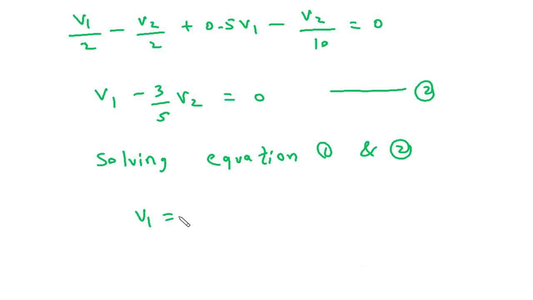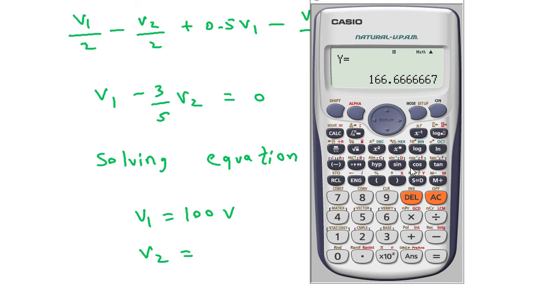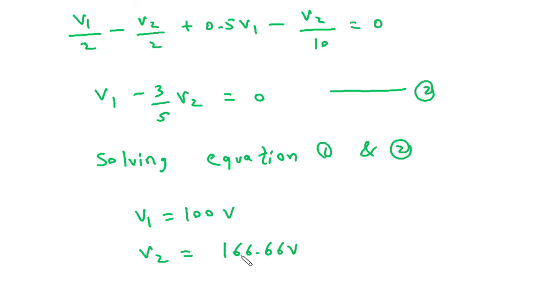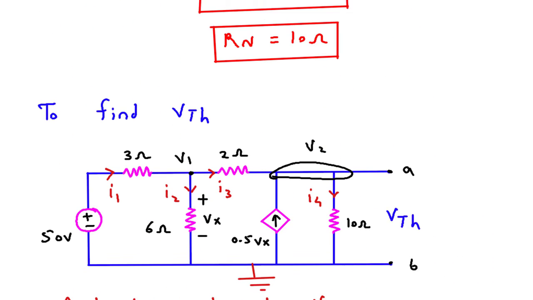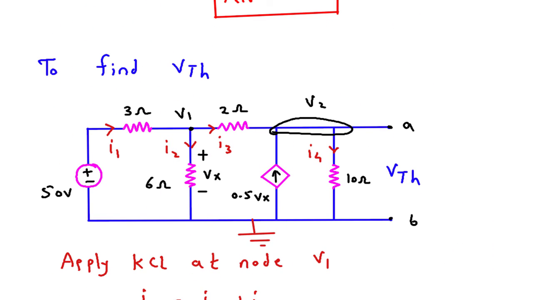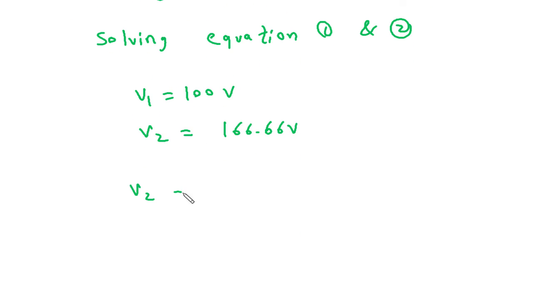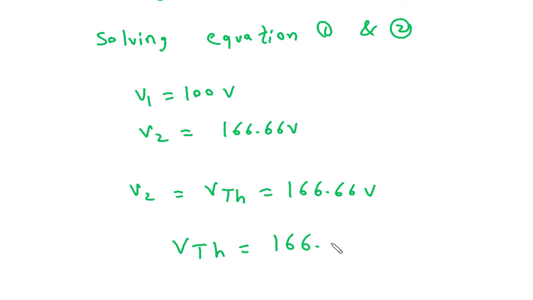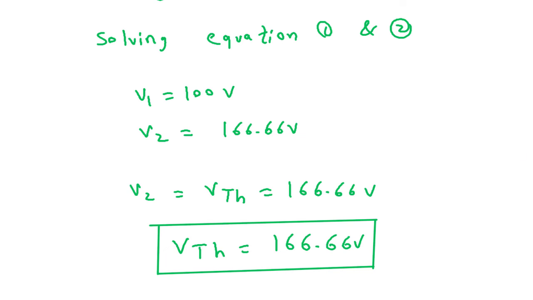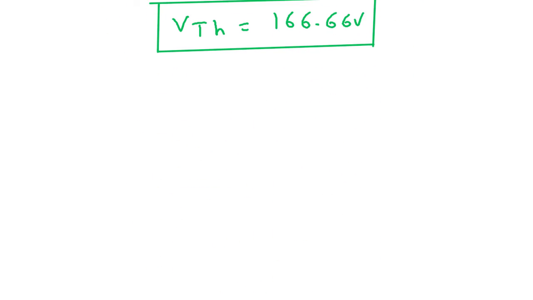So V1 is equal to 100 volt and V2 is equal to 166.66 volt, and V2 is equal to VTH. Therefore VTH is equal to 166.66 volt. Now we have the value of VTH and RTH, so we can draw Thevenin equivalent circuit.